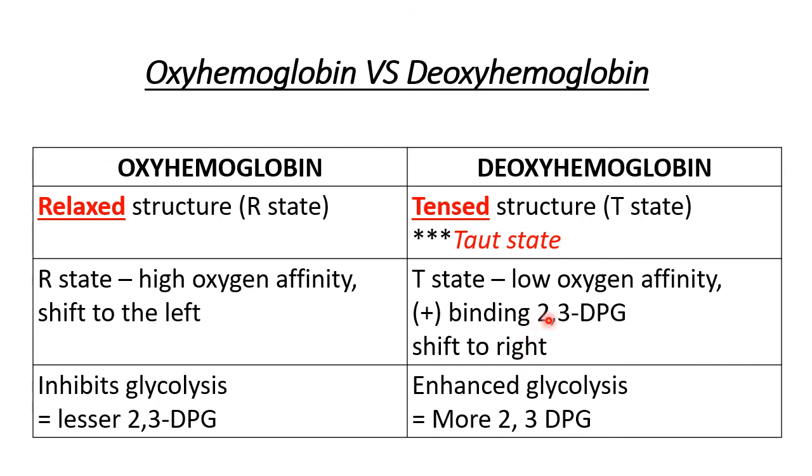In contrast with deoxyhemoglobin, no, lesser ang affinity with oxygen, and therefore, yung ating hemoglobin oxygen curve will shift to the right, and then meaning mas marami ngayon ang 2,3-DPG present in this type of hemoglobin. Paano nangyari yun? Because the glycolysis is more enhanced, thus producing more 2,3-DPG.